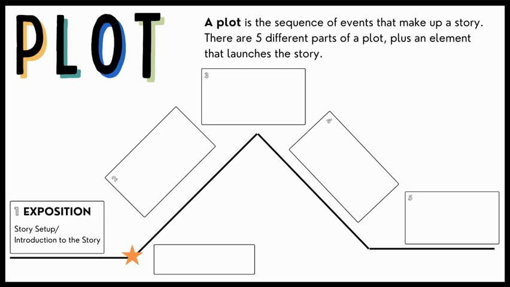We might learn about the setting, so where the story is taking place and what time the story is taking place. We also might start to learn about some of the issues or problems our characters are facing. This is where the author really sets the story up and introduces our story. All of the important things that we need to know are done in the exposition.